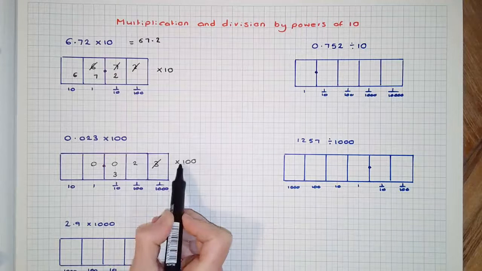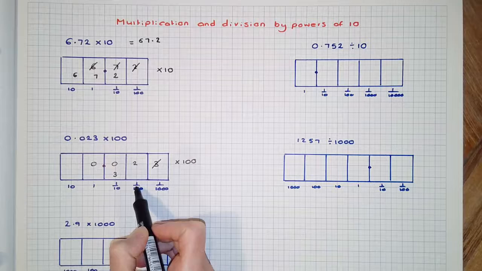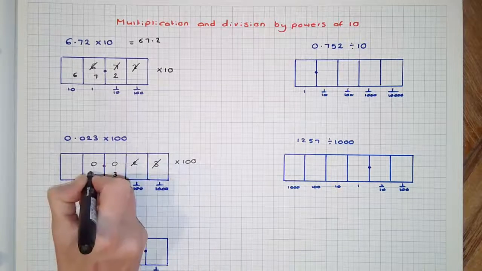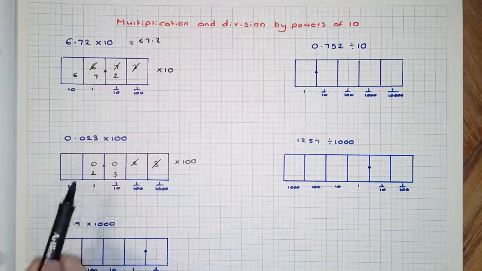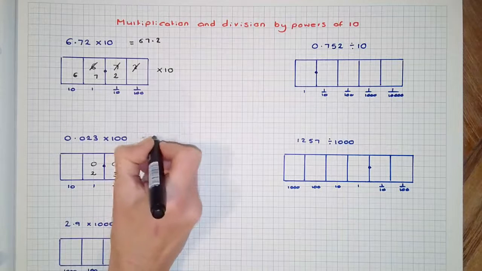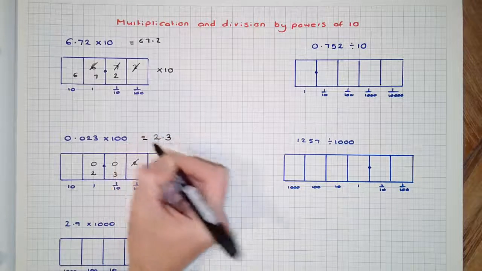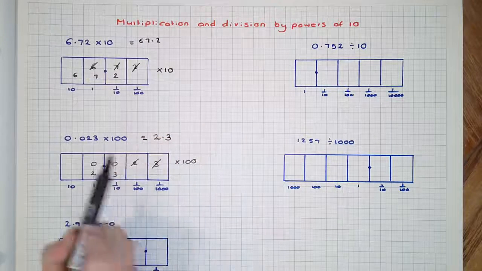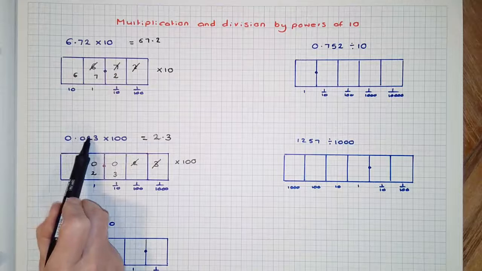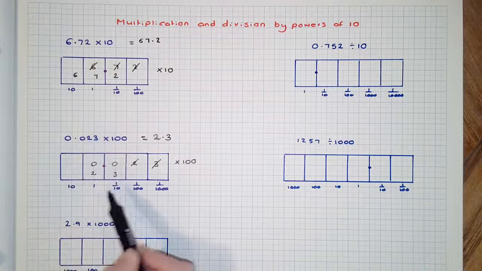Here we have 200 over 100, which is 2, which will move into the units place value, giving our final answer 2.3. Again, this corresponds with the decimal point moving 2 places to the right, but in fact it is the digits that moved 2 places to the left.